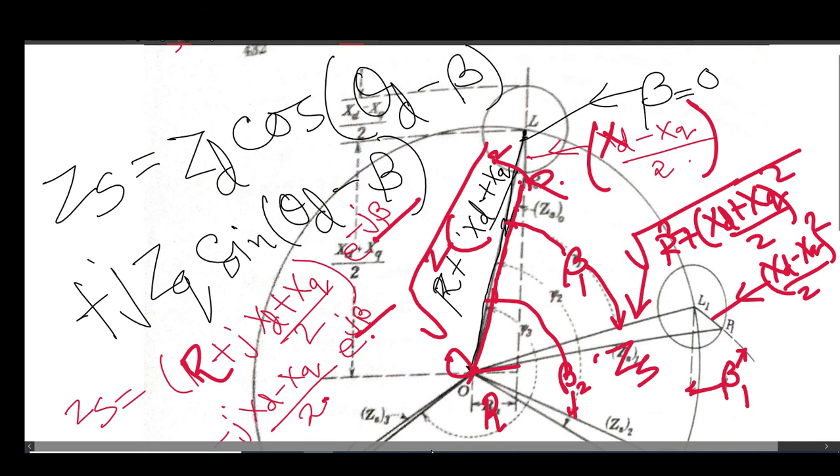The issue here is very clear. What is XD? It represents the direct axis armature reaction MMF, a drop across a fictitious reactance that represents the MMF drop across the direct axis.